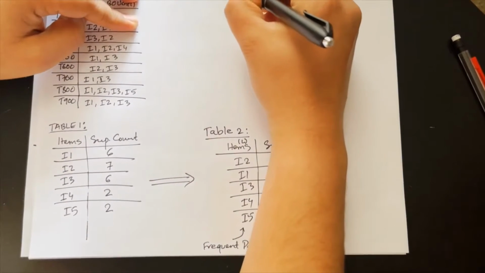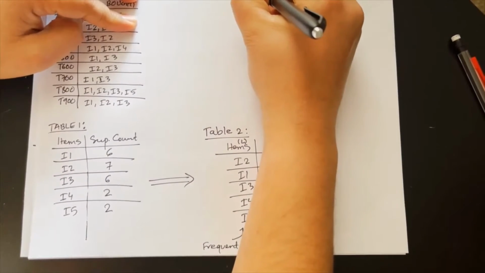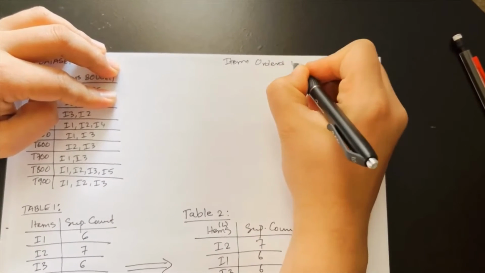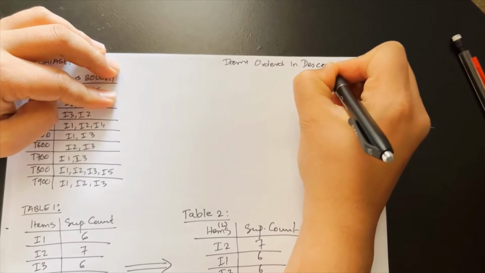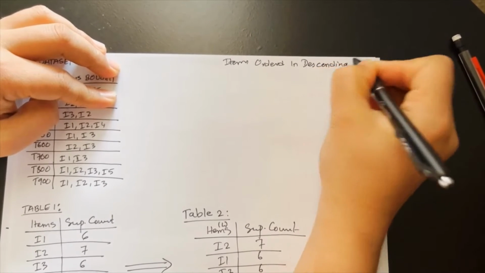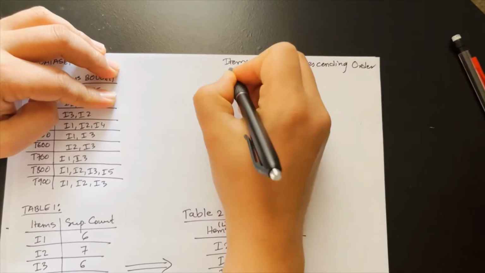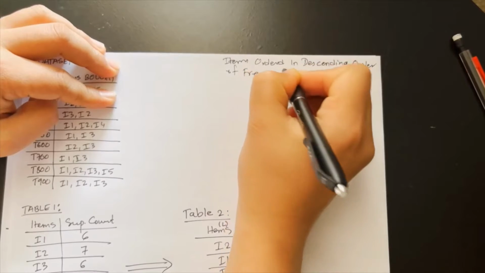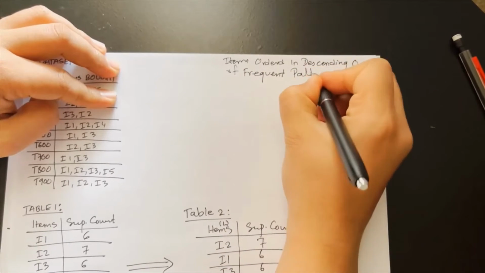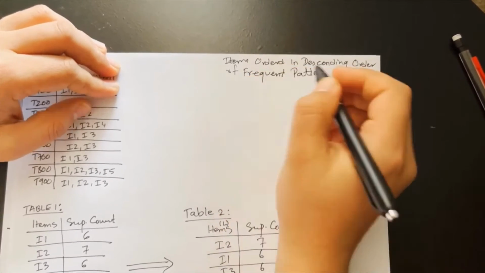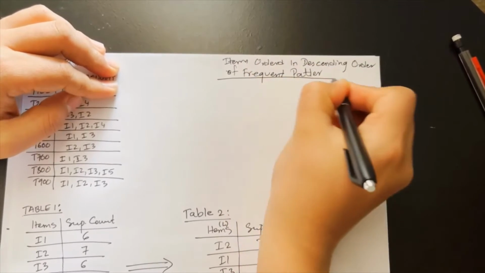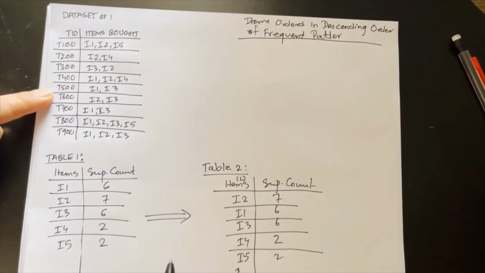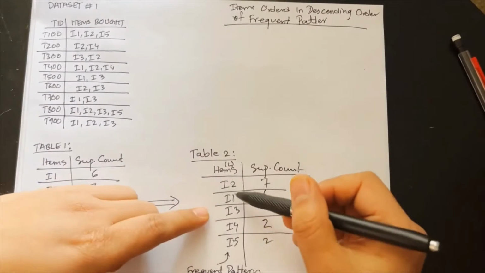That means here it will be items ordered in descending order of frequent pattern. Now let's see the items here with different transaction IDs, and we have to arrange the items as per this one.